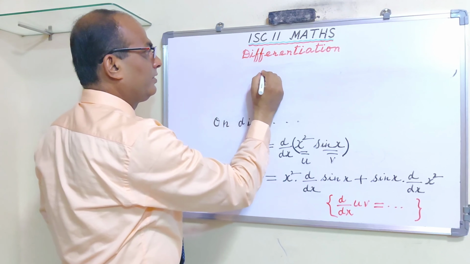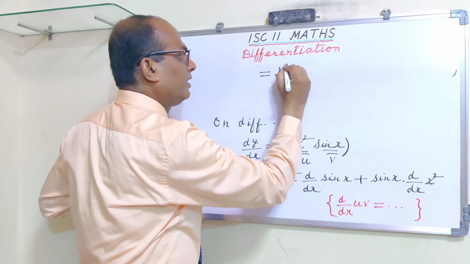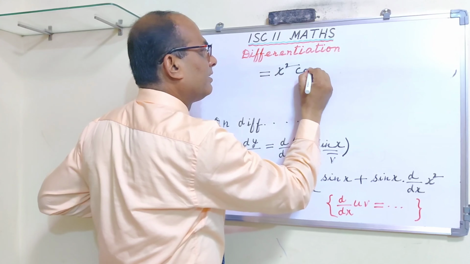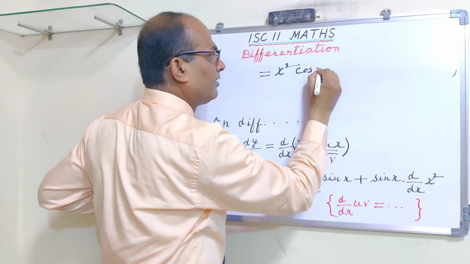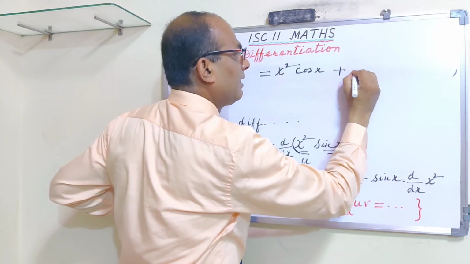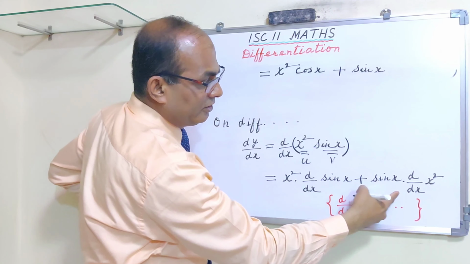So that is equal to x square cos x plus sin x into d dx of x square.